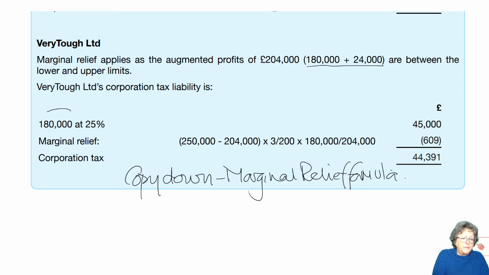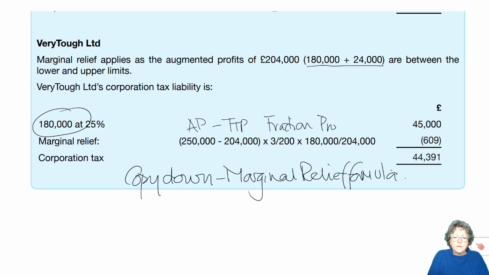So profits were taxed at the main rate. This is our marginal relief. Show every working, please. Augmented profits minus TTP times the fraction times profits over augmented profits. Okay.